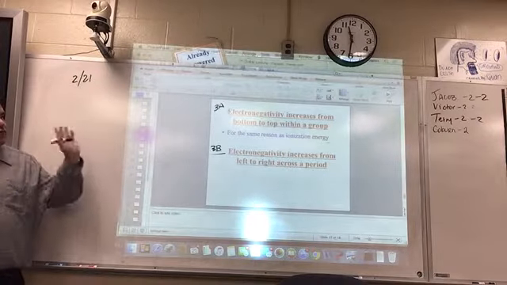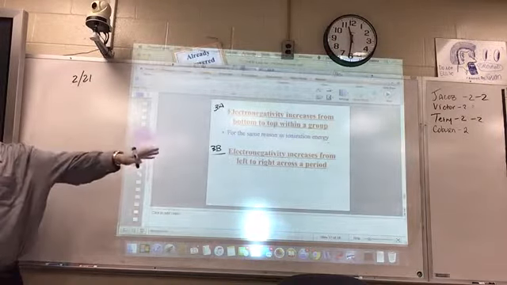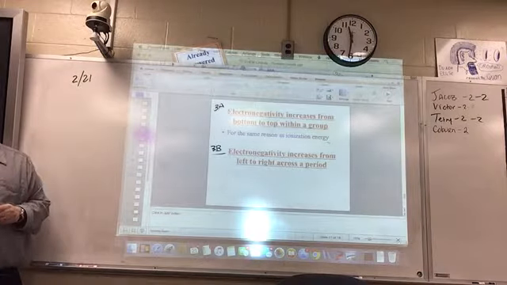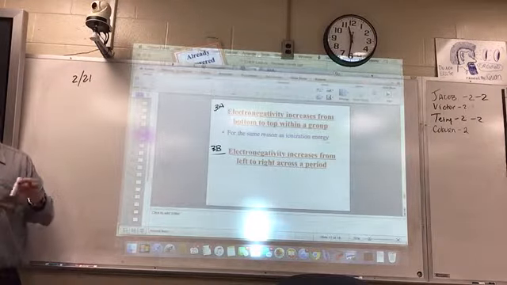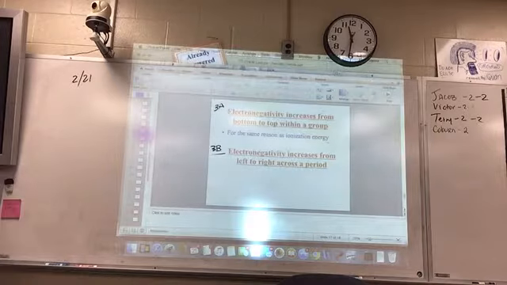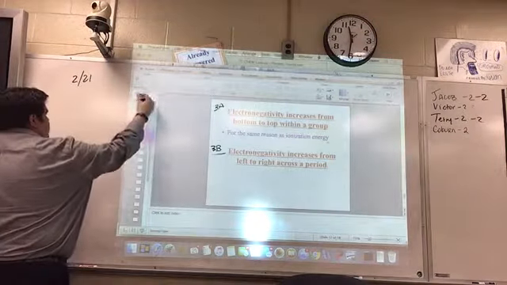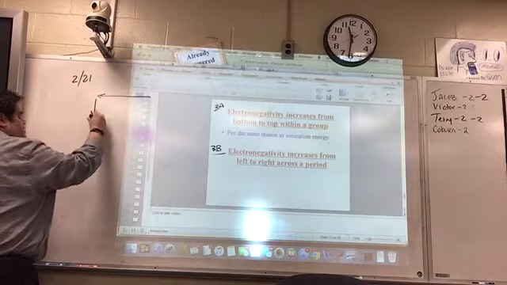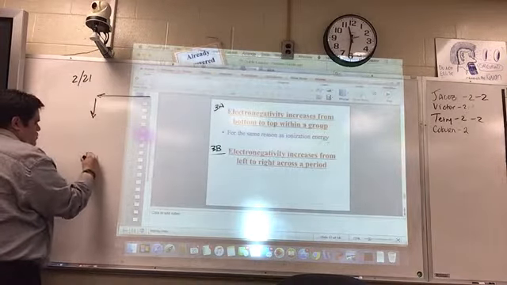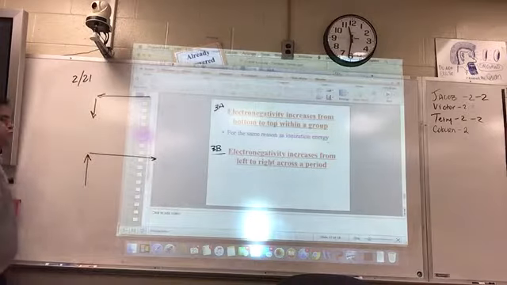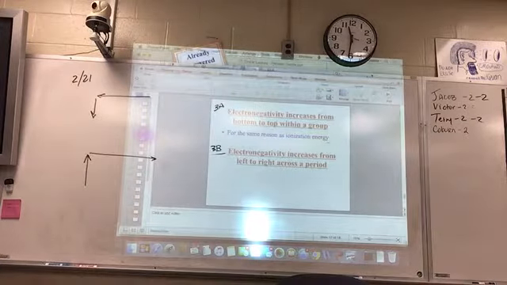It increases from left going to the right, just like it did for ionization energy. So, I look at this as two simple ways, okay? You have a rule that has the arrows doing this, and then you have rules that say the arrows are doing that. All right? When I do that, I mean this.